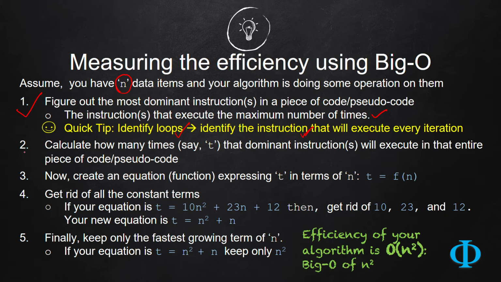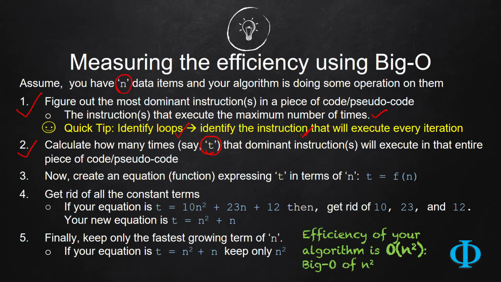After that, it's time to calculate how many times that dominant instruction will execute in that entire piece of code or pseudocode. Let's denote it with t, that is, t times the dominant instruction is executing.